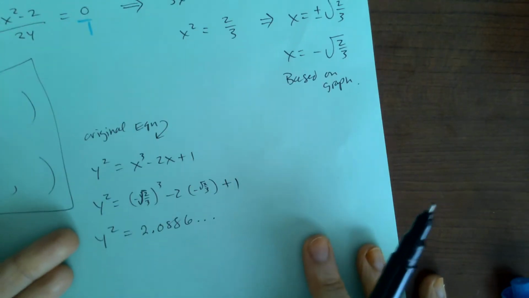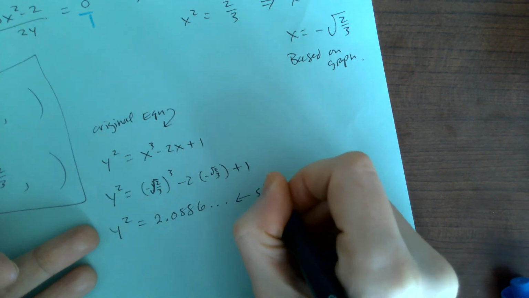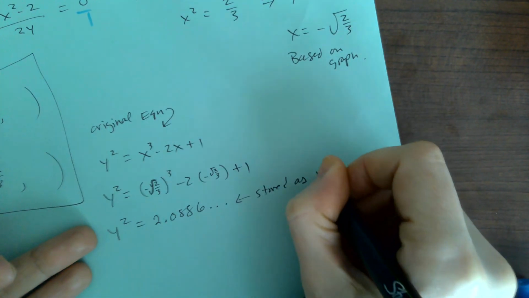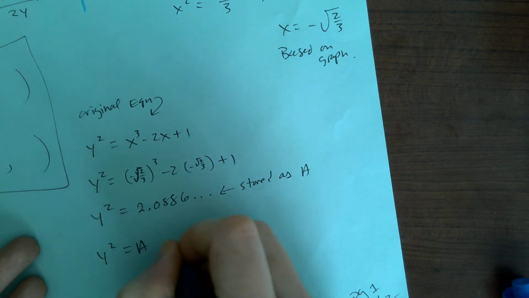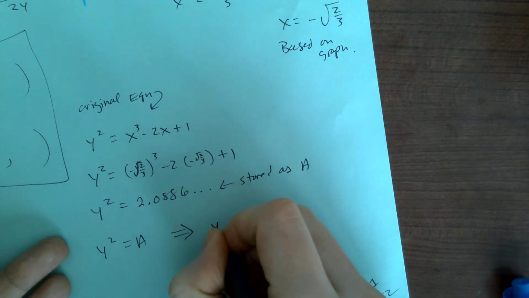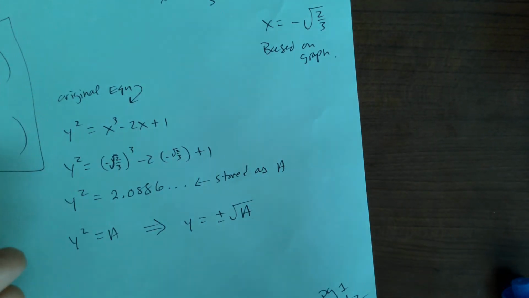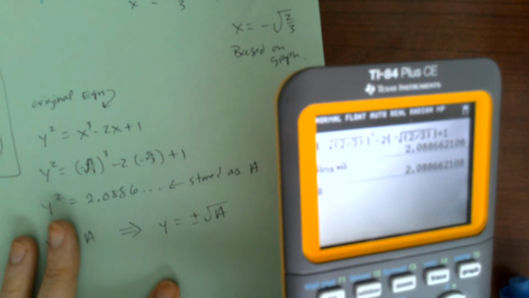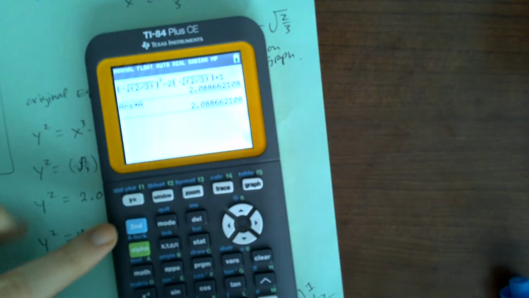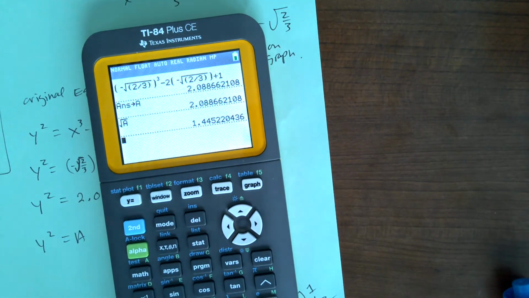So I'll say stored as A. So I get that y squared is A. Then y is going to be plus or minus the square root of A. And in my calculator, I'll do the square root of A, and that gives me this.